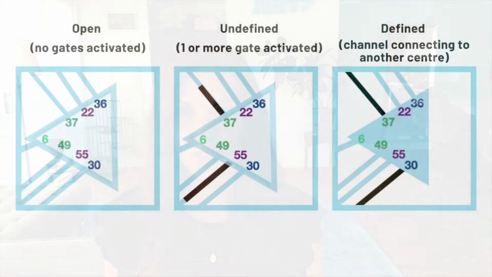So before we really get into it, I just want to cover one of the basics of what defined, open, and undefined centers are, just to make sure we're all on the same page. I do have another video that goes into the centers, all of them in more detail, so you can check that out on my channel if you're interested in that. But when we're talking about the motors or the centers, if it is colored in, we say it's defined. And if the center is white, it's either undefined or open.